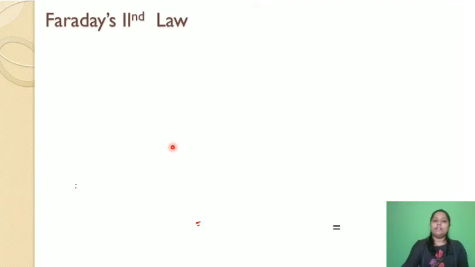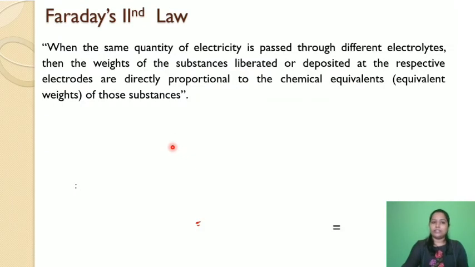Then Faraday's second law of electrolysis. Here we consider a series of electrolytic solutions, and when the same amount of electricity is passed through them, the amount of metal deposited at an electrode is directly proportional to the chemical equivalents of the substances.